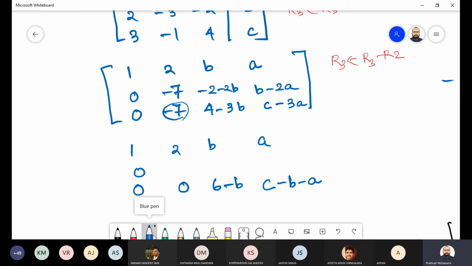And the second row we can divide by minus 7, so R2 as R2 by minus 7, or you can do it later also.